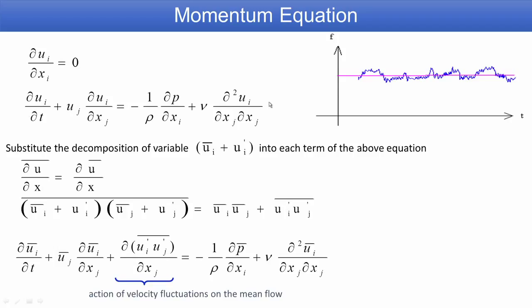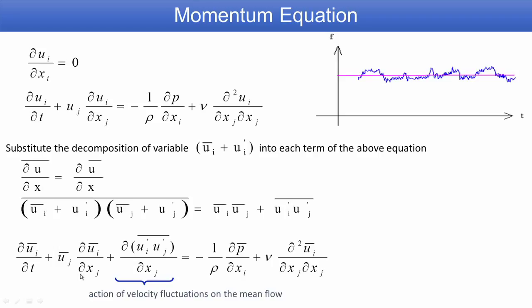As I mentioned, it depends on how you are interpreting it for a turbulent flow. In turbulent flow, all these quantities are interpreted as instantaneous. The second term in the Navier-Stokes equation, uj ∂ui/∂xj.